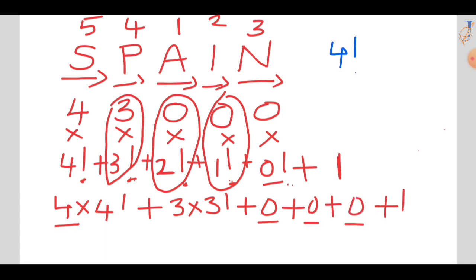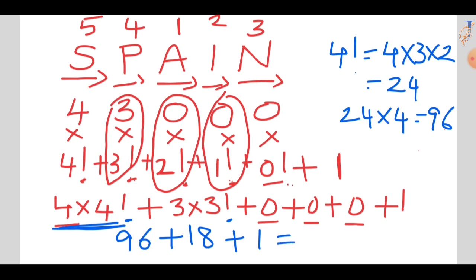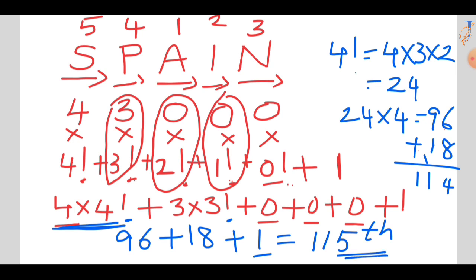So 4 factorial is 4 times 3 times 2, which is 24. So we have 4 times 4 factorial, that is 24 times 4 is 96. 3 factorial is 6. 6 times 3 is 18. After adding all this, 96 plus 18 is 114. 114 plus 1 is 115th rank. The word SPAIN has 115th rank.